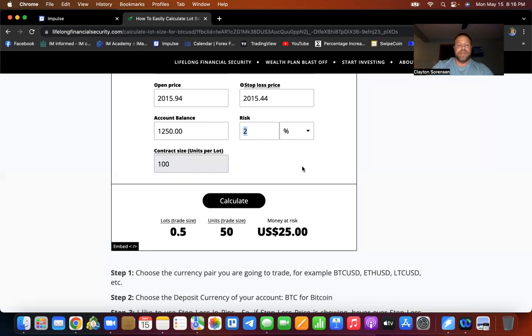You don't want to say, hey, I'm going to risk like 6% of my account, that you're up to $1.5 a pip risk to your account. That's pretty high on a $1,200 account, to be honest with you.